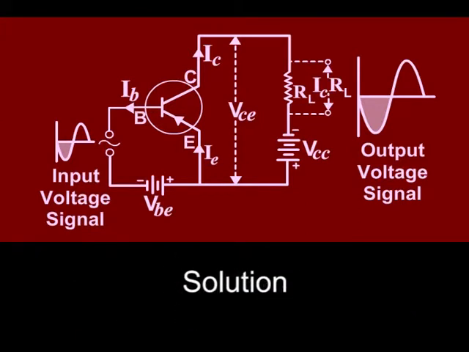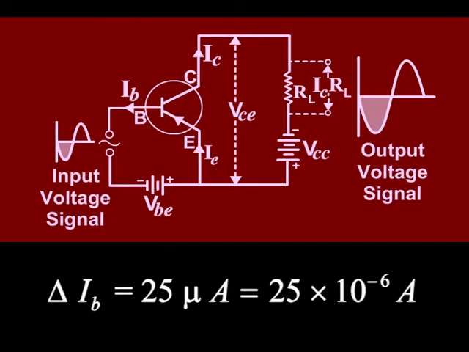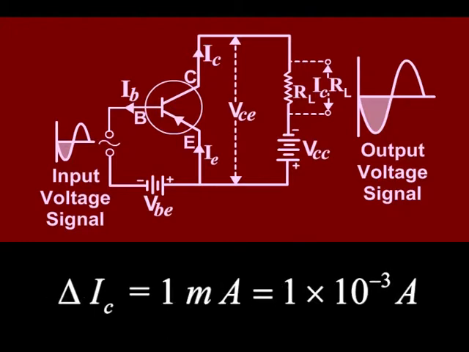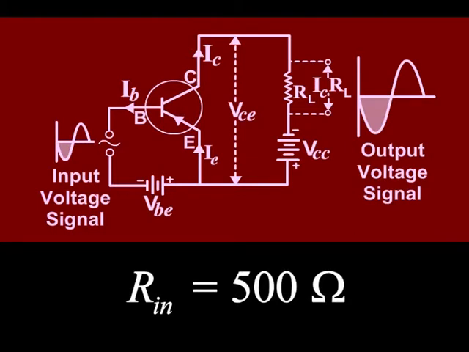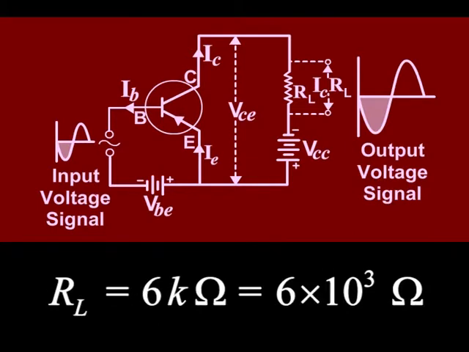For the solution, according to the question, IB is equal to 25 microampere or 25 into 10 raised to the power minus 6 ampere. Collector current IC is equal to 1 milliampere or 1 into 10 raised to the power minus 3 ampere. Rin is equal to 500 ohm and RL is equal to 6 kilo ohm or 6 into 10 raised to the power 3 ohms.